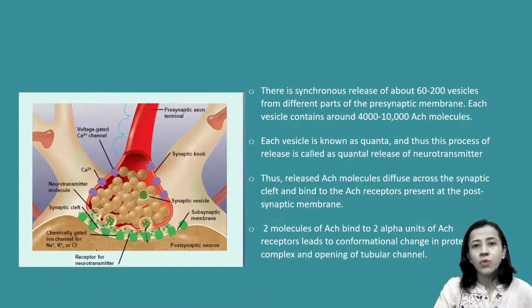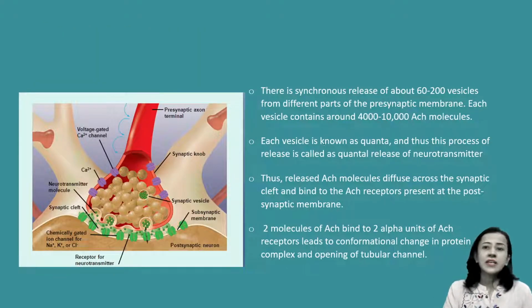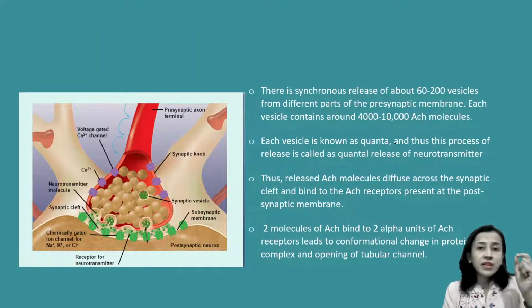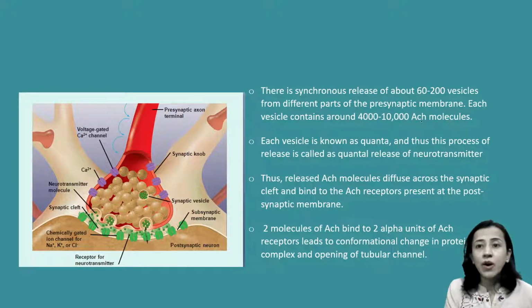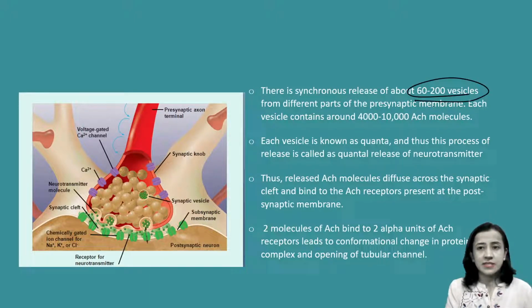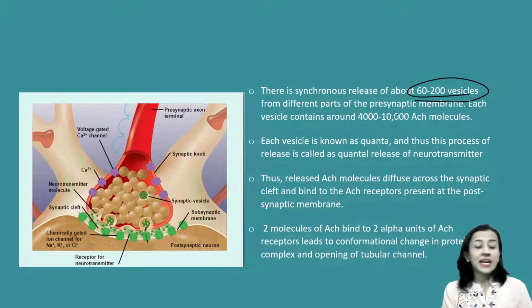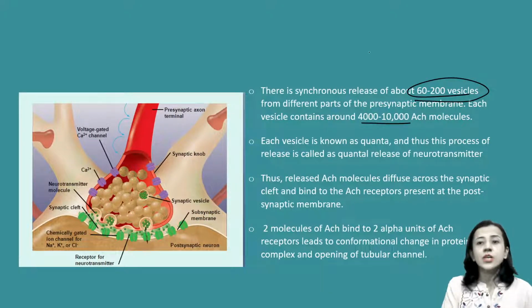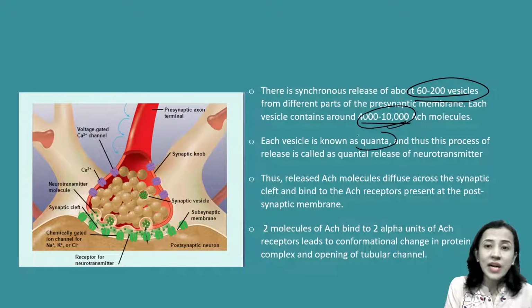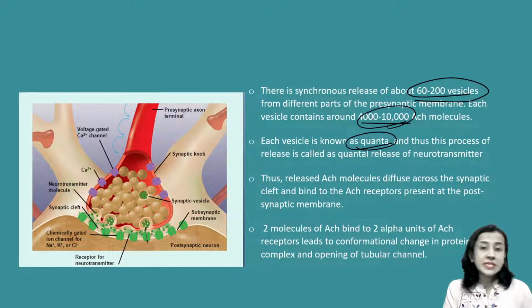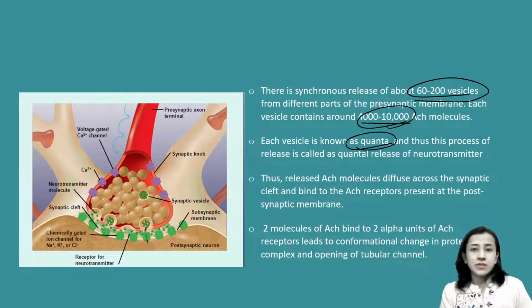Fine. Now, normally when one action potential comes, about 60 to 200 vesicles get ruptured, and one vesicle contains 4,000 to 10,000 acetylcholine molecules. Another thing, this is known as quanta, meaning quantal release.